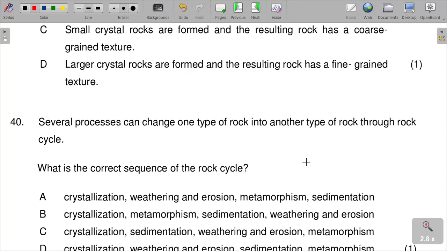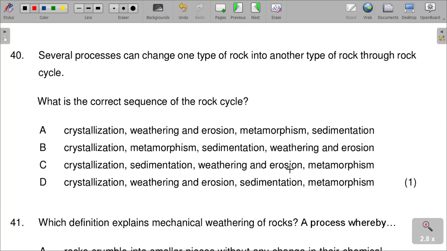Several processes can change one type of rock into another type of rock through the rock cycle. What is the correct sequence of the rock cycle? Number 40, of course, we start with crystallization.